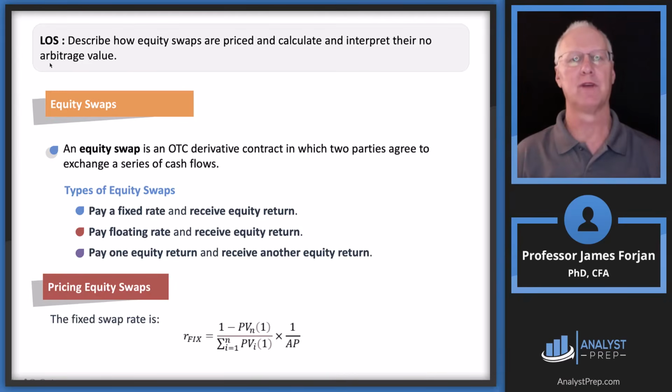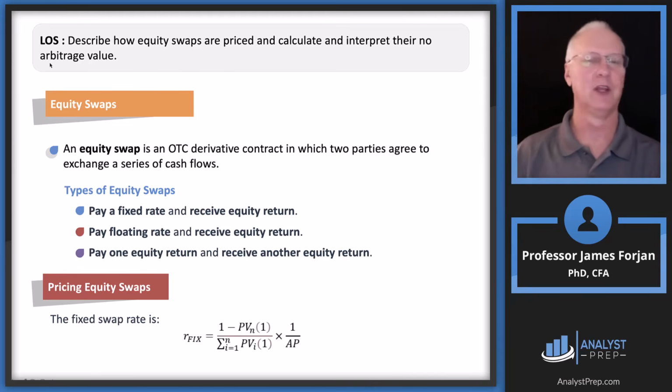Let's move on to the final LOS, describe equity swaps. And equity swaps are really, really cool instruments because what they allow you to do is exactly what we've done so far in this slide deck. Equity swaps allow one to swap a fixed for a floating return. But equity swaps also allow you to swap a floating for a floating return.